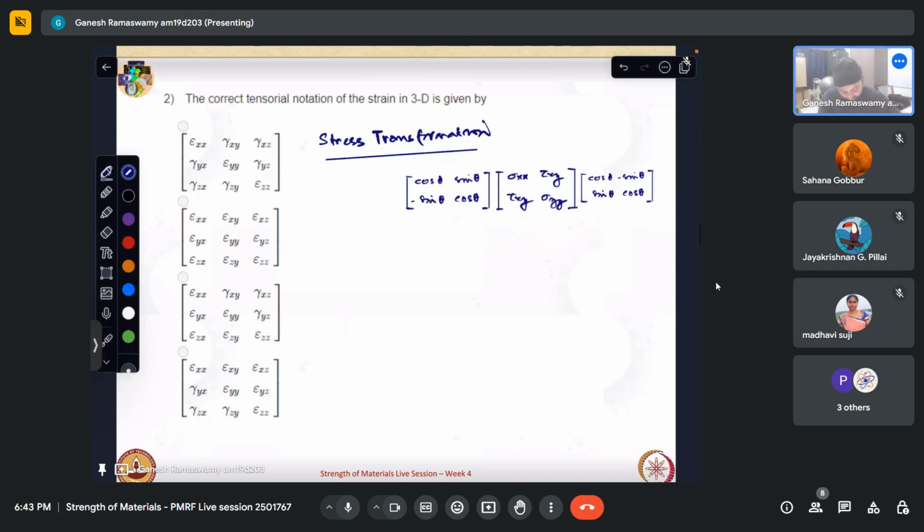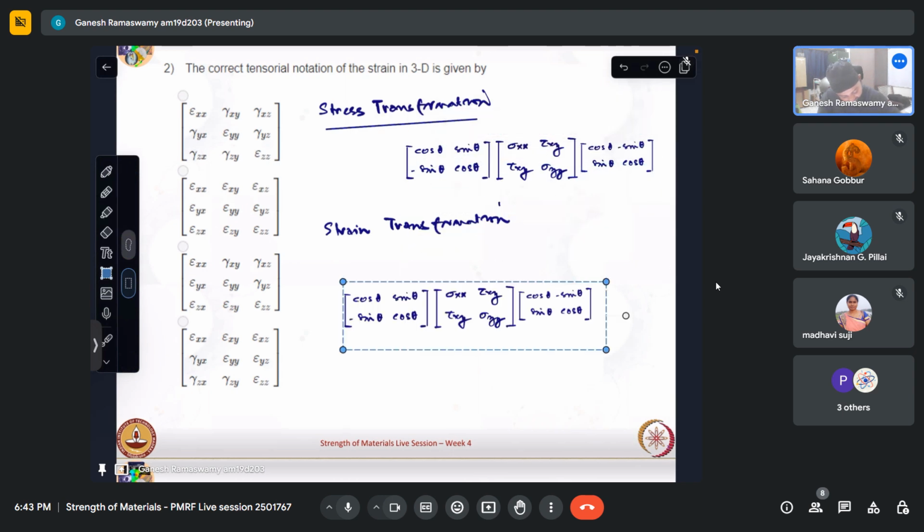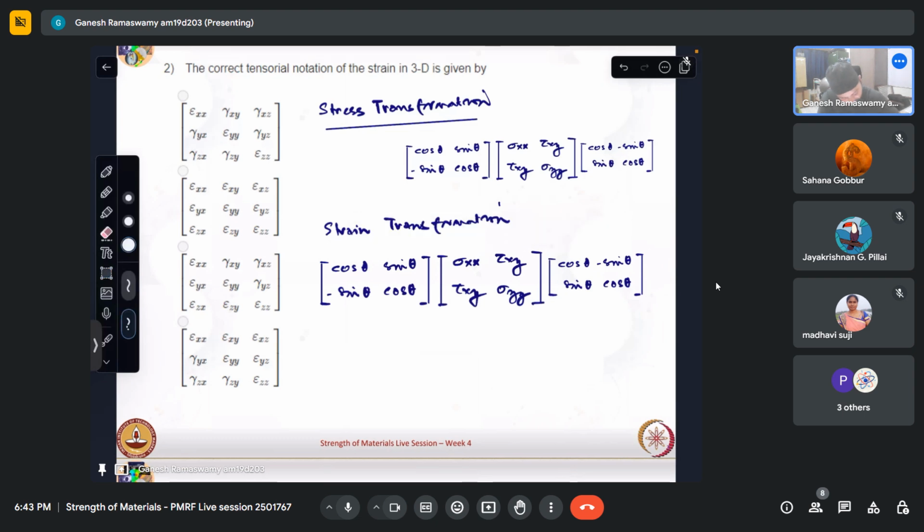When we come to strain transformation, it essentially transforms in the same way, provided the shear terms are handled properly. In strain transformation, this will anyway be epsilon xx, epsilon yy. That is very much a similar analog to our stress.